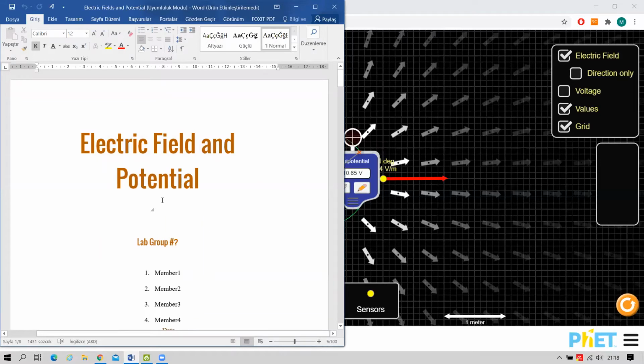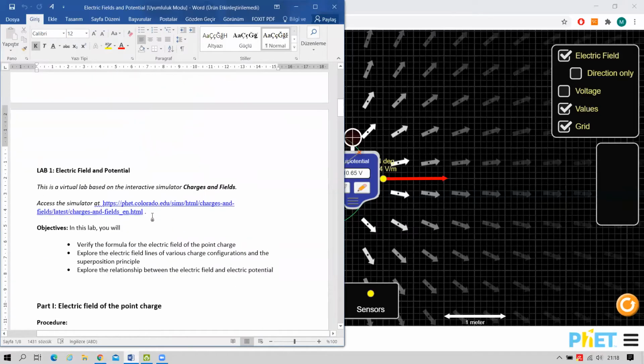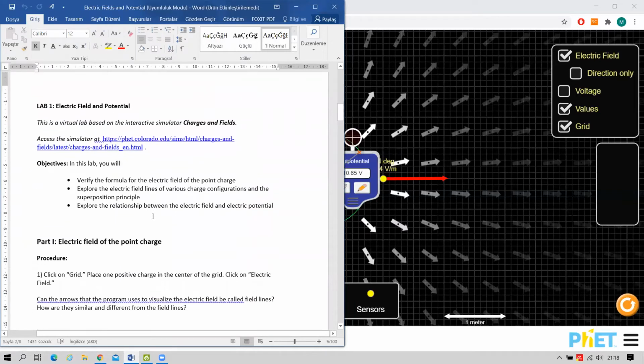Now you see the report. So what you see on the first page is the title, the link to your simulation and the objectives. The objectives are what you will do in this lab for this simulation.